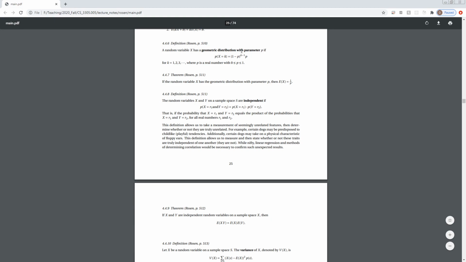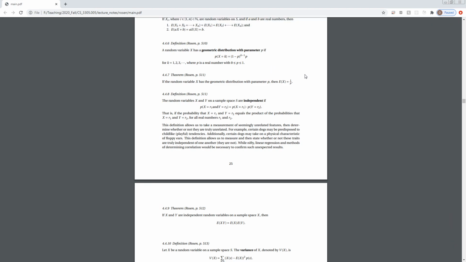So geometric distribution, yada yada yada. How long do we have to wait until we get this first event to happen? A geometric distribution gives a particular answer to that: the amount of time it takes until we get our first success, right?